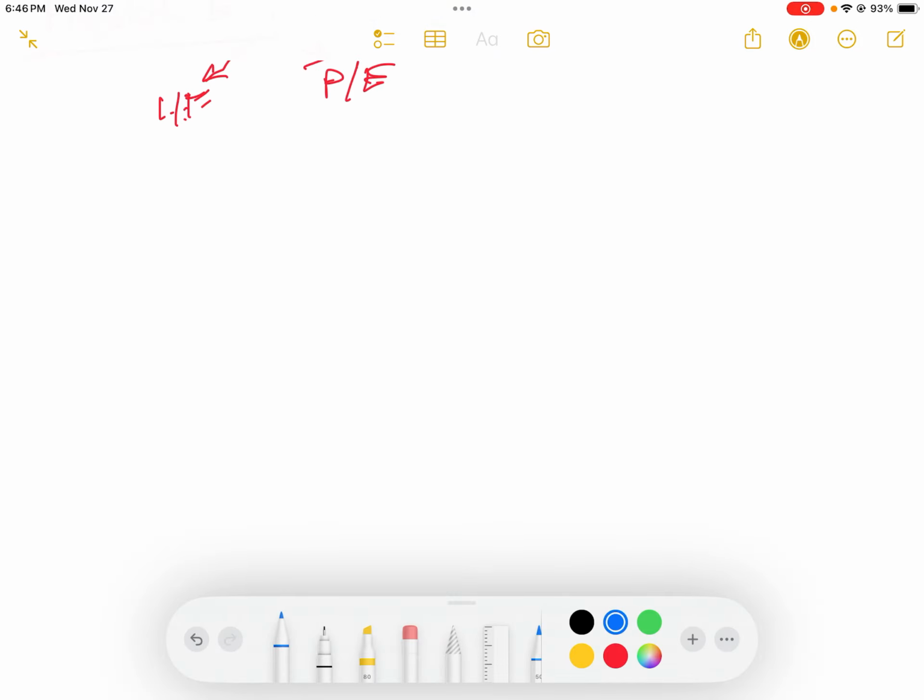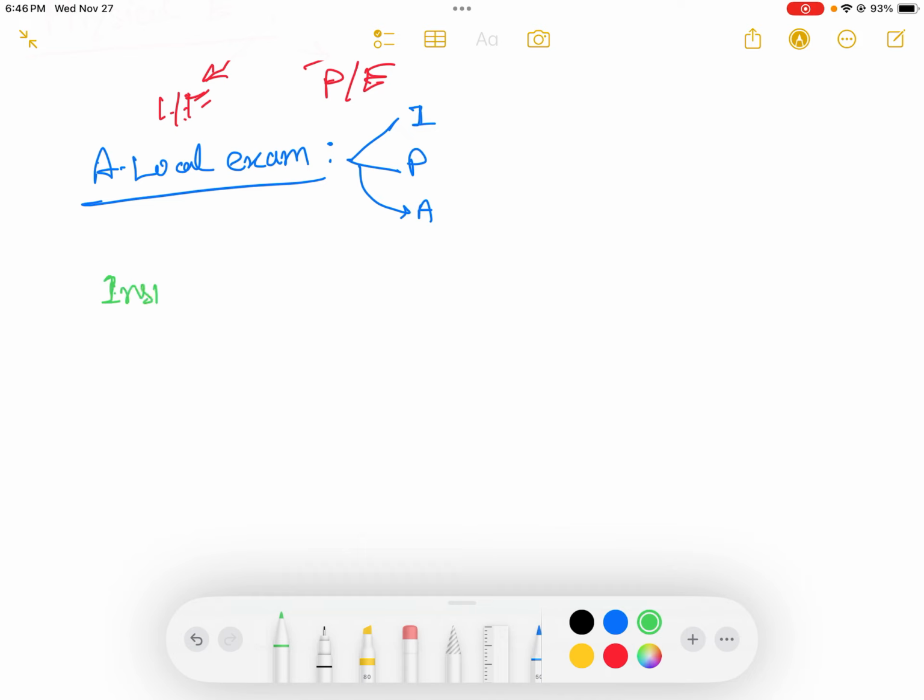Local examination includes inspection, palpation, and auscultation. Number 1, inspection.